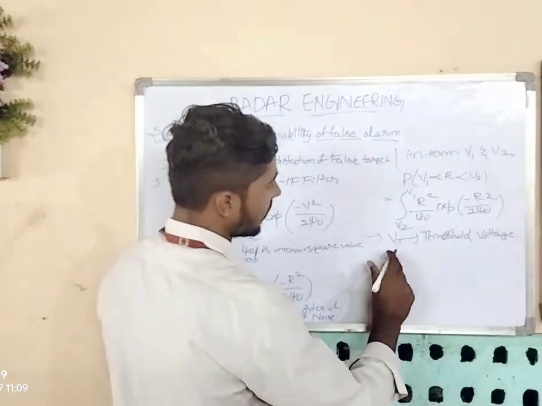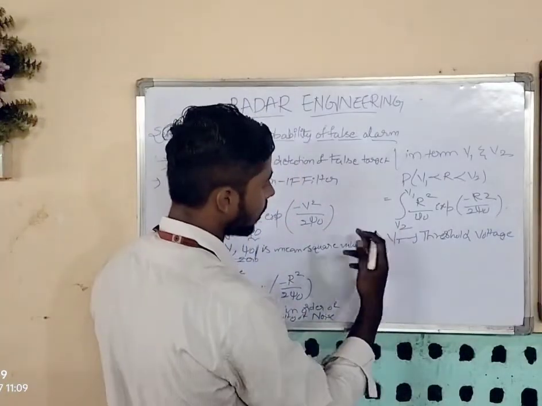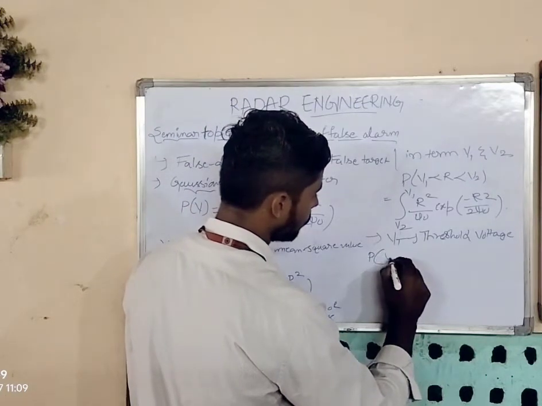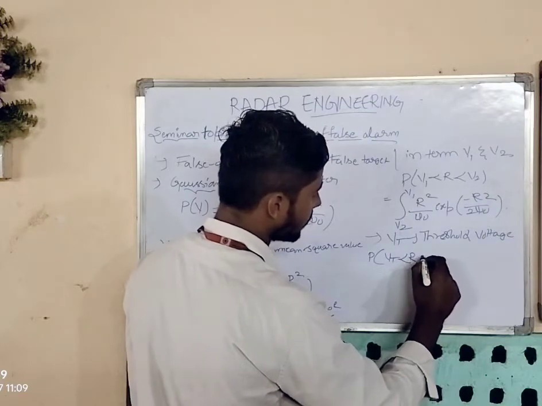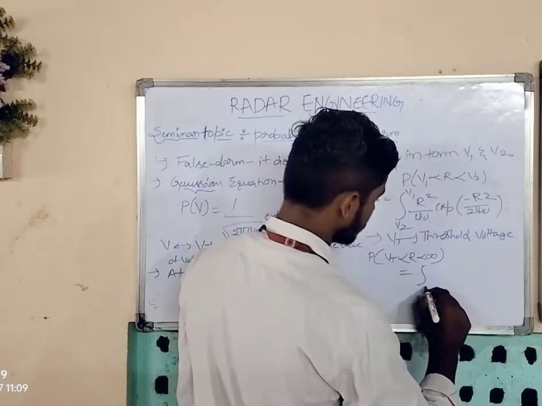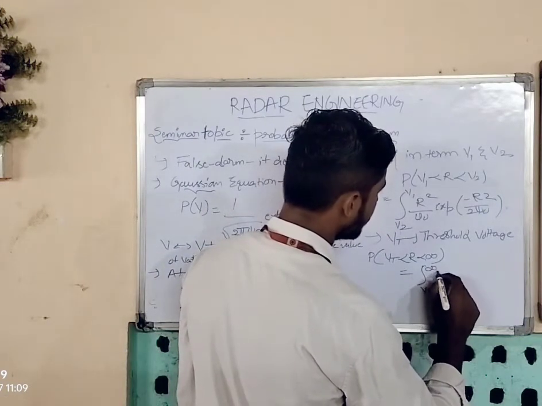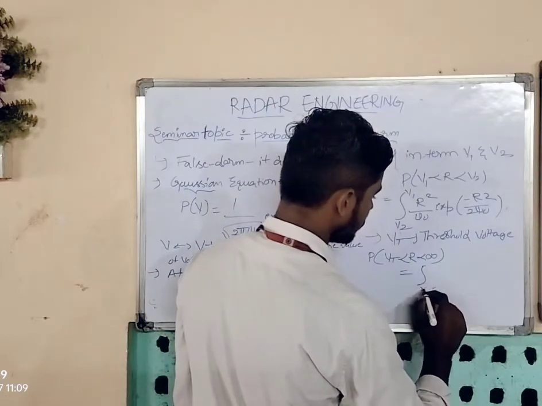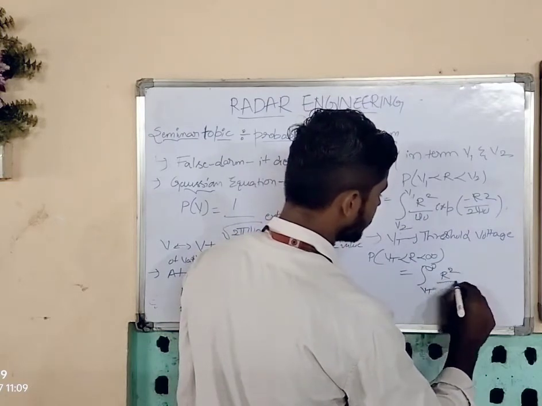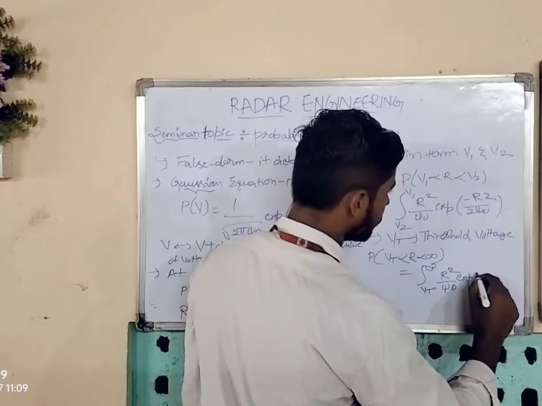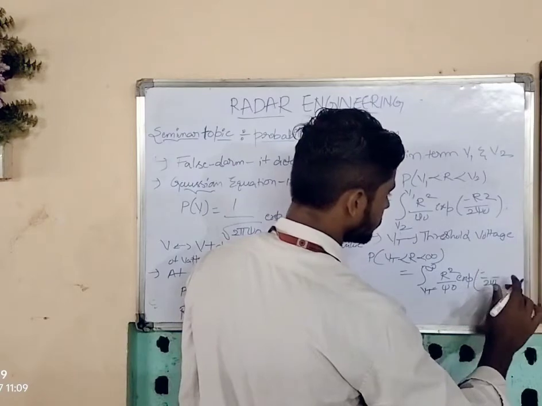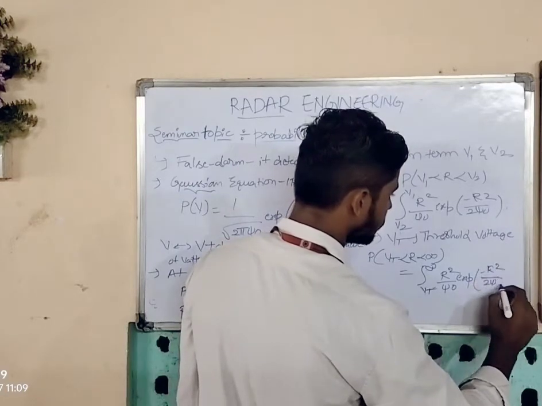So, in terms of finding the probability of false alarm for noise, P of Vt in terms of R, meaning amplitude, in the range up to infinity, gives the integral from Vt to infinity of R by psi naught exponential of minus R square by 2 psi naught.